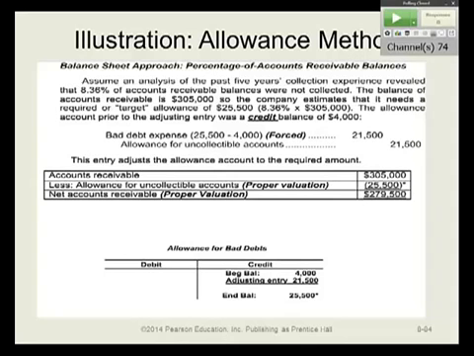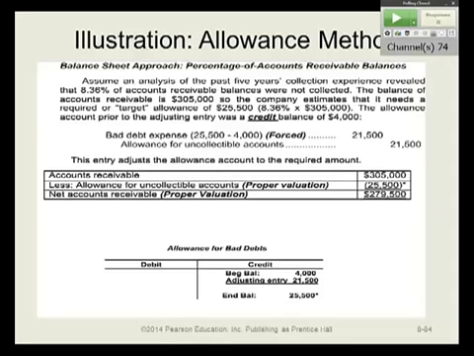Okay, so it's 279.5. Now, what was the allowance before that? Before the write-off? I'm sorry. What was the net realizable value before the write-off? It was 305 minus 25.5. How much is that? What was the net realizable value? It was 279.5.